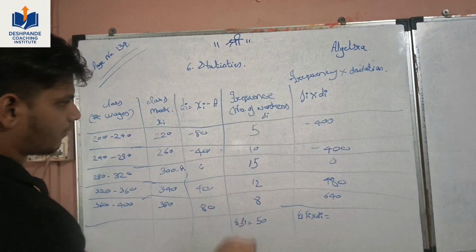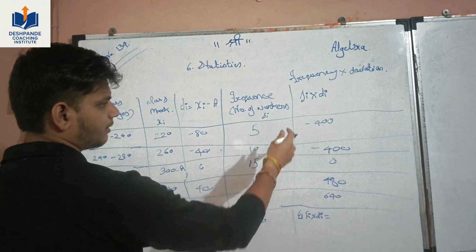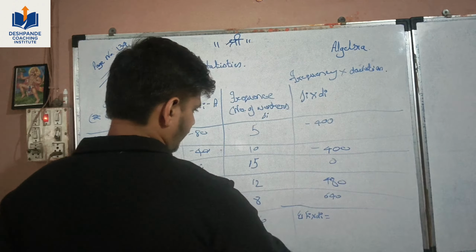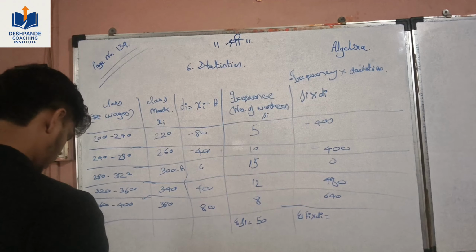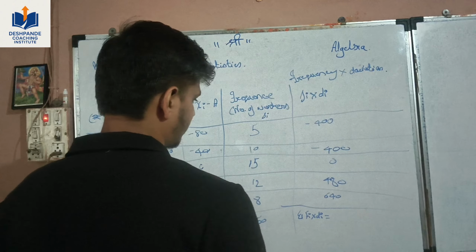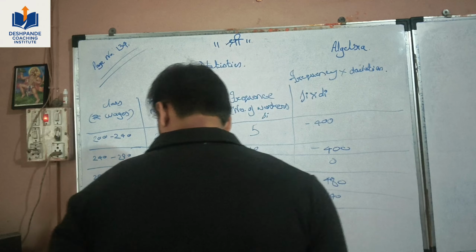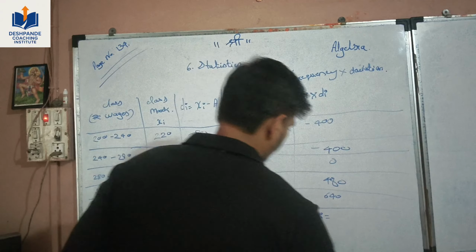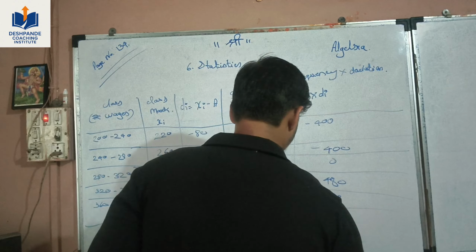So what will be the answer of this side? So 400 plus 400 is equal to minus 800. I mean we have to give the sign of negative. So minus 800 and 480 plus 640, 1120. 1120 minus 800 is equal to 320, which is in positive sign. 320.